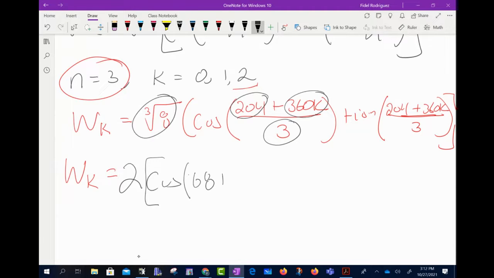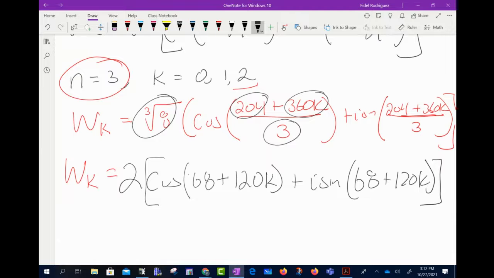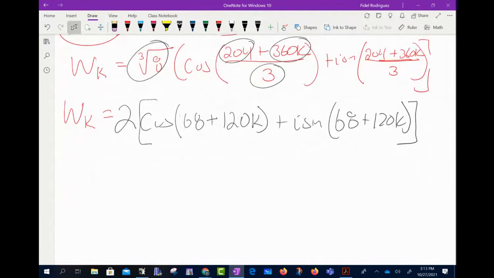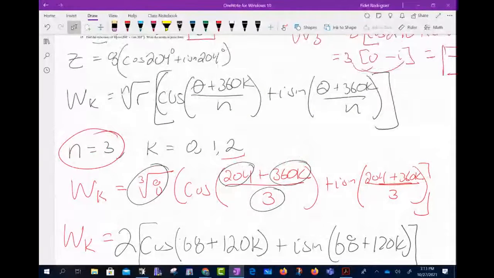So this is going to be 68 plus 360 divided by 3, which I already know is 120. So far, am I good? Because it's the cube root, that tells me it's going to be my n. In the one before, it was the 4th root, so we knew our n was 4.